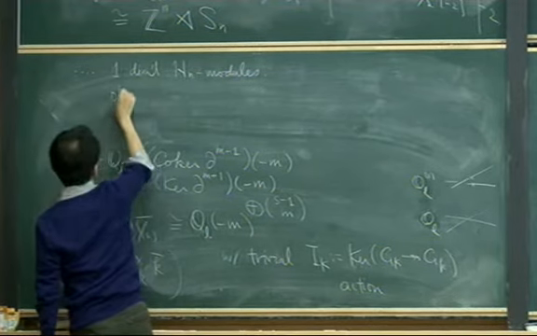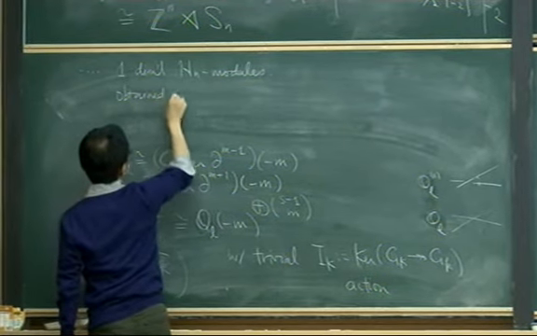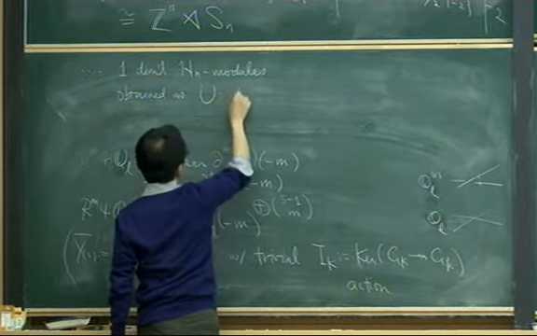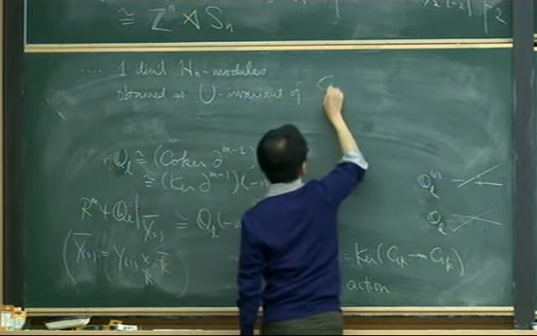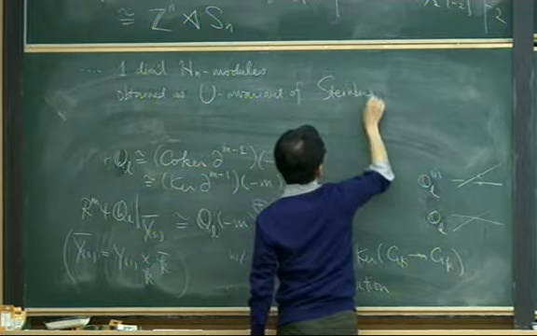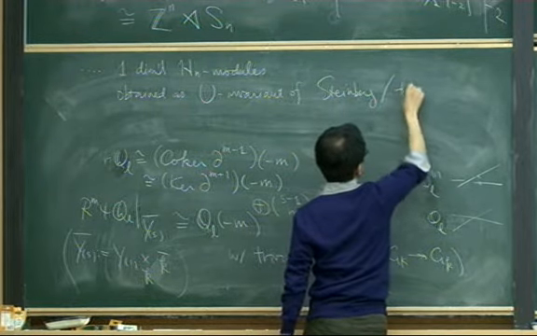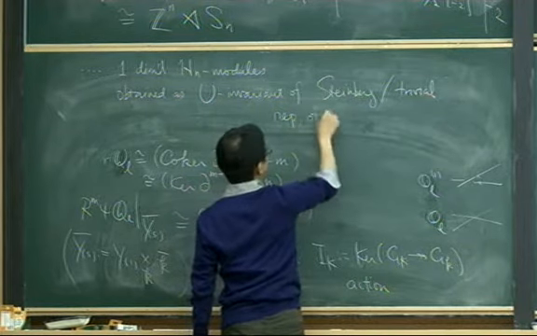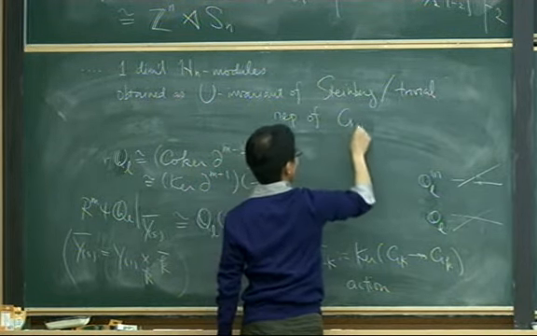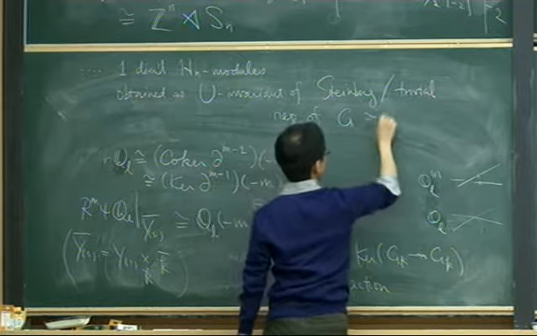obtained as U invariants of the Steinberg or non-trivial representation of GLN.